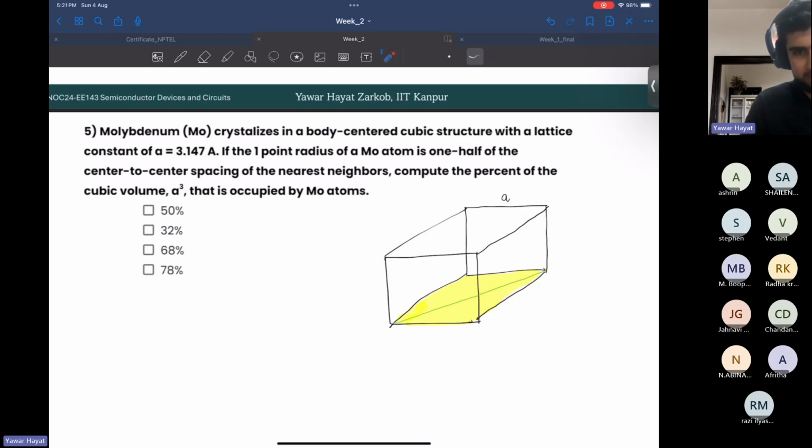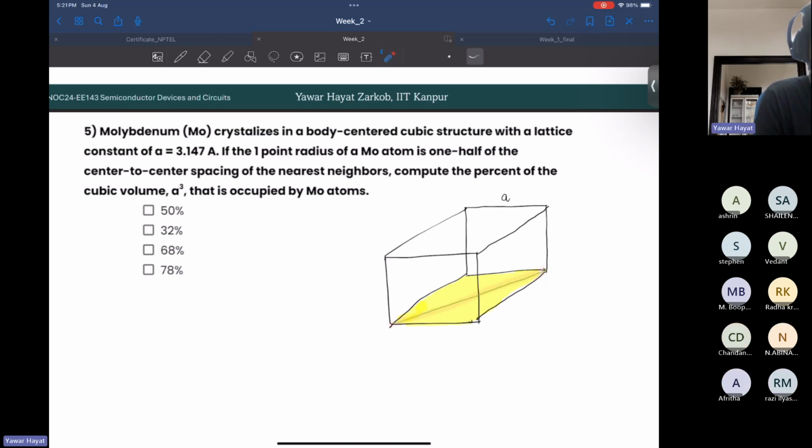First of all, what is this diagonal called? There are two types of diagonals in a cube, right? This one is lying on the face of the cube, right? So this diagonal is face diagonal, right? This one is face diagonal.